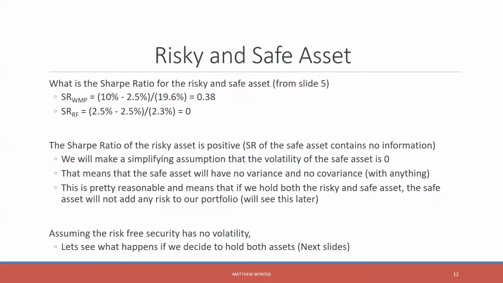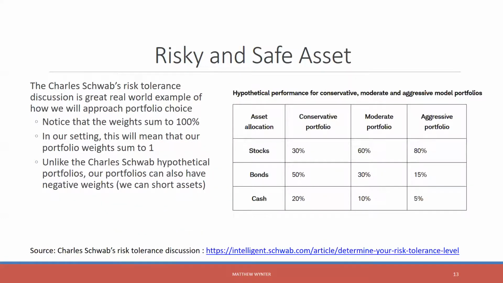Assuming the risk-free security has no volatility, let's see what happens if we decide to hold both assets. So a good way to keep this in mind is to remember this Charles Schwab risk tolerance discussion. Why? For two reasons. First, notice that for the Charles Schwab hypothetical portfolios of conservative, moderate, and aggressive portfolios, each of these portfolios has different weights on different asset classes.